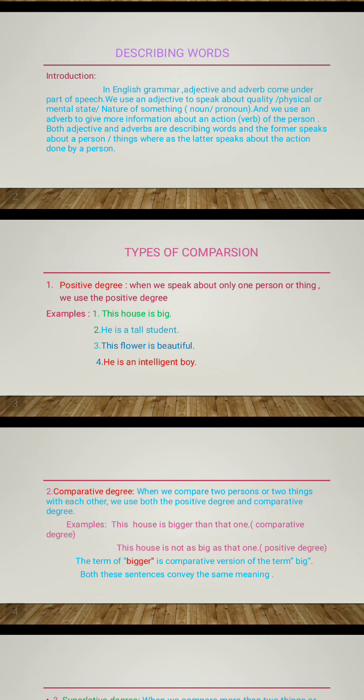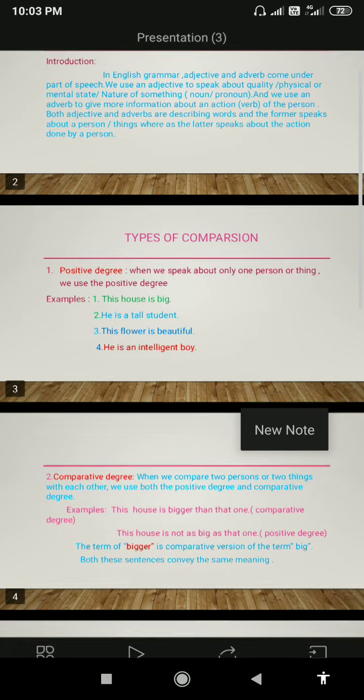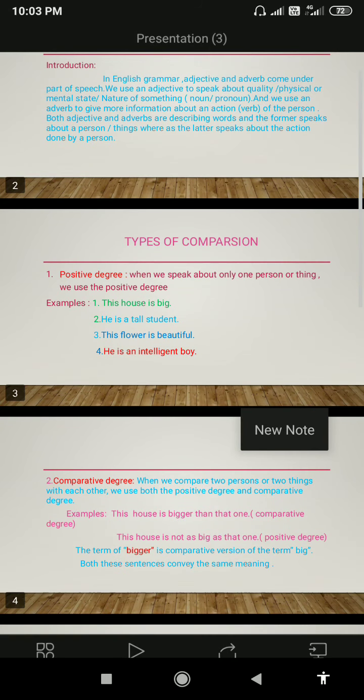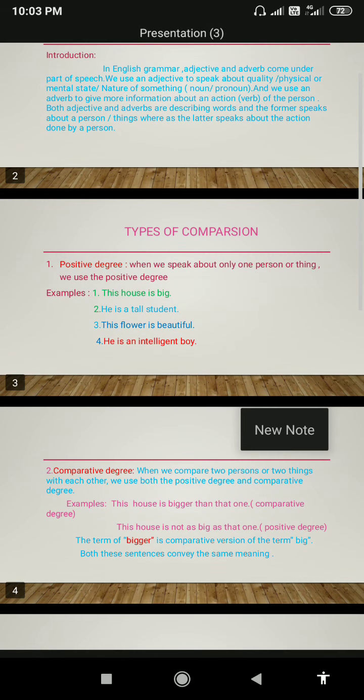Then have a glance over slide number 3. Here in this slide, types of comparison are given. I think almost all of you have learned these degrees of comparison at your SSC level. In degrees of comparison, we have three types of degrees.